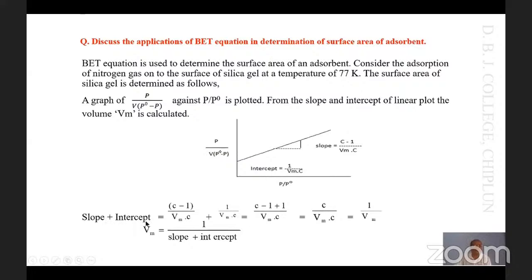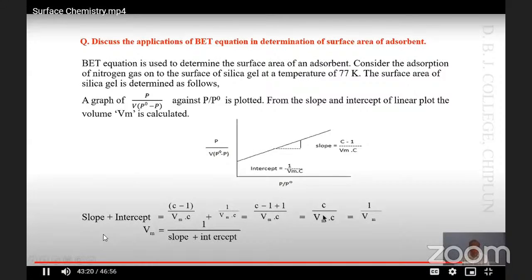Slope plus intercept is equal to (C minus 1) upon Vm into C, plus 1 upon Vm into C. We can simplify this: C minus 1 plus 1, so the numerator becomes C, because minus 1 plus 1 becomes 0. So you get C upon Vm into C.